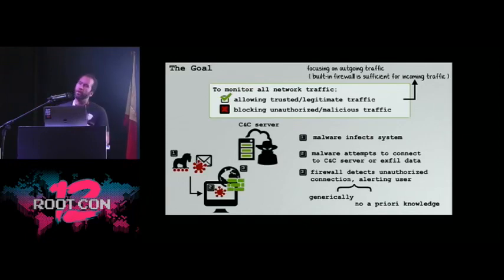And if you have a firewall installed on your system that's monitoring all traffic, it will be able to generically detect that this is new, untrusted traffic, and will thus alert you that something's going on. So very easy to see that these firewalls are actually a very powerful protection mechanism that can generically detect and cover even brand new malware threats.